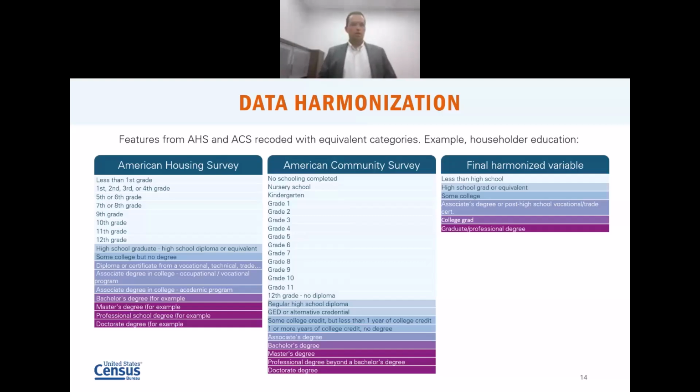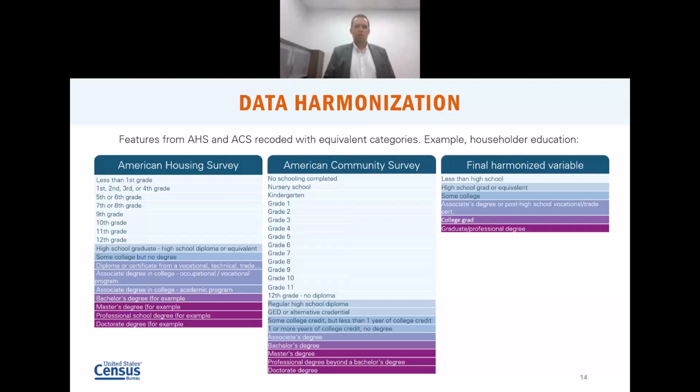And so we went ahead and we harmonized our data sets to make sure that they aligned. And we utilized, at least in this instance, some of the more well-known categories of educational attainment that someone might see in some of our published data products.